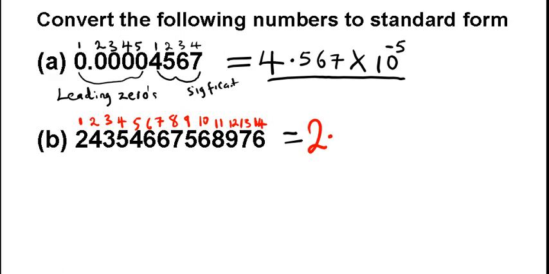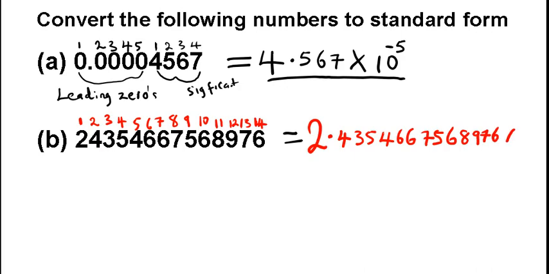Then we write out the remaining digits, because all of them are significant: 4, 3, 5, 4, 6, 6, 7, 5, 6, 8, 9, 7, 6.